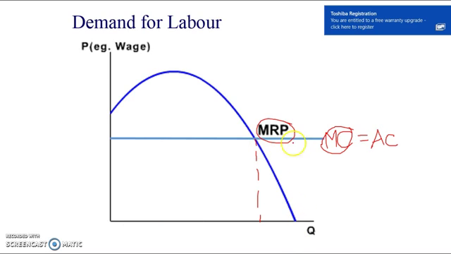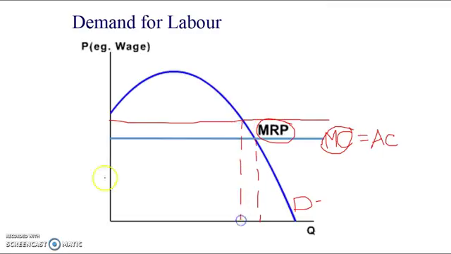So in effect, this marginal revenue product becomes the demand for labour, and if average costs increase, that will mean that marginal costs also increase as well, and this would become the profit maximising output, and if average costs decrease as well, it would fall to there, and this would be the profit maximising output, an amount of labour that they'd want to employ.